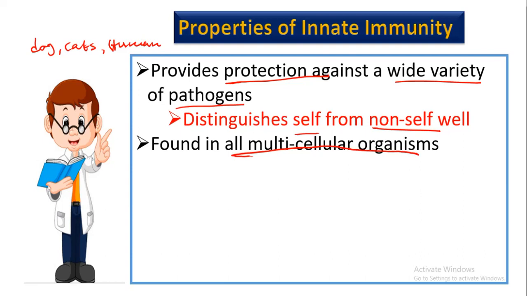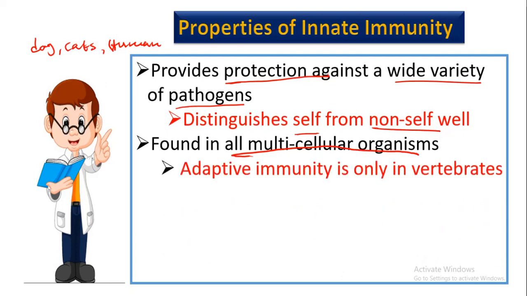Unlike the adaptive immune system, which is only found in vertebrates. But when you talk of the innate immune system, it is found in both vertebrates and invertebrates, for so long as they are multicellular organisms.